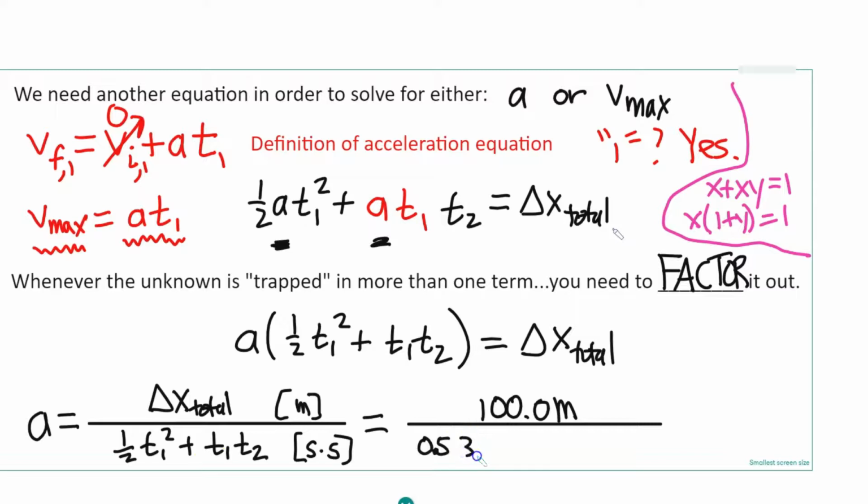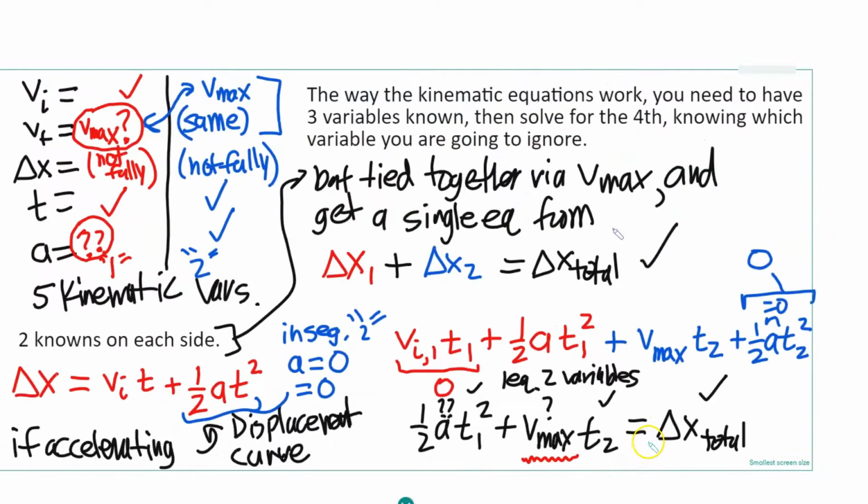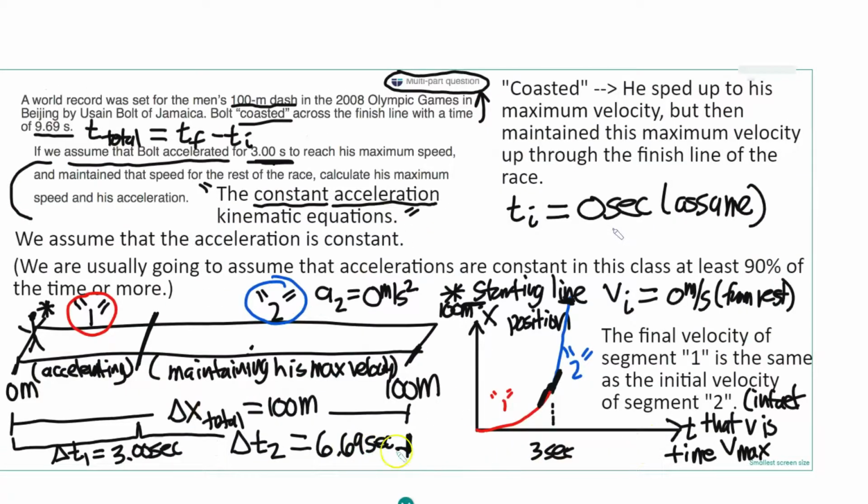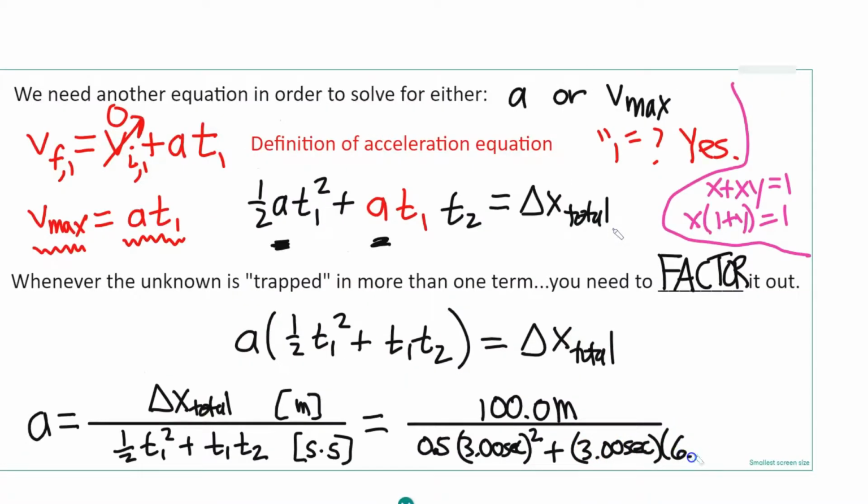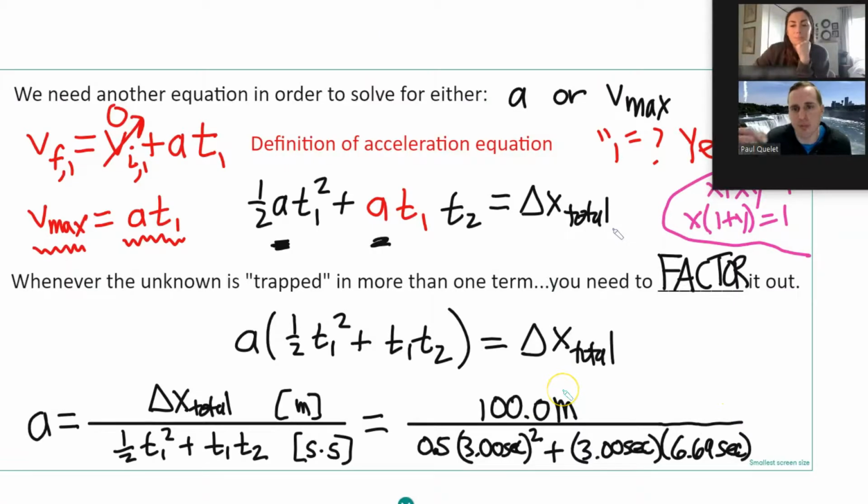T1 squared, that's 3.0 seconds squared, plus 3.00 seconds times the other time, 6.69 seconds, because the other part of the time takes us up to 9.69.